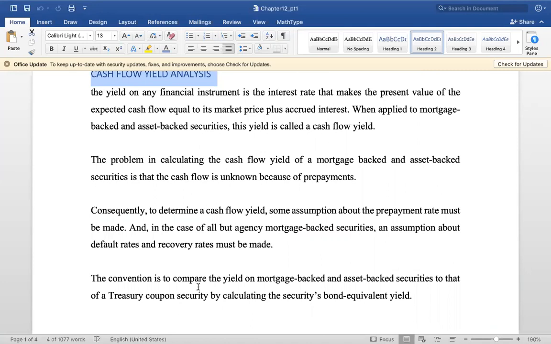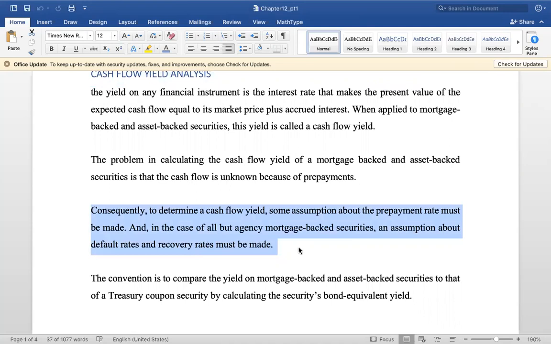So in order to determine cash flow yield, we make some assumptions about the prepayment rate, as we already discussed. In the case of agency mortgage-backed securities, we do not need any assumptions about default and recovery rate, but for the non-agency and asset-backed securities, we also need assumptions for the default rates as well as the recovery rates.